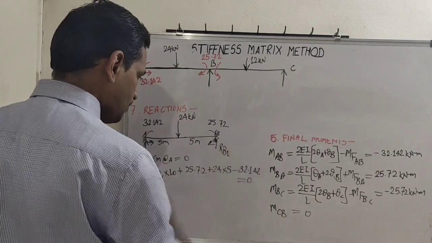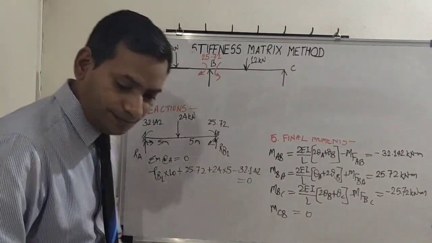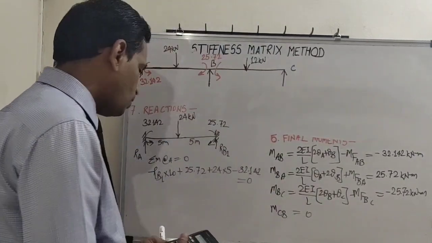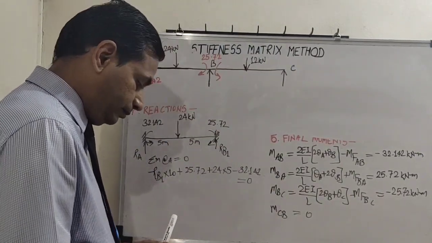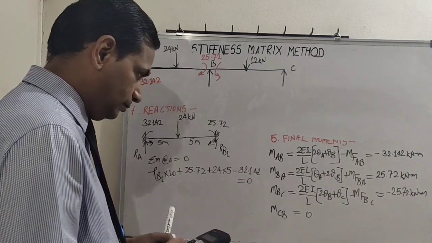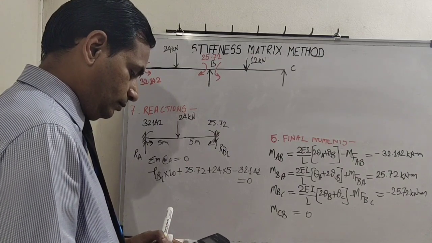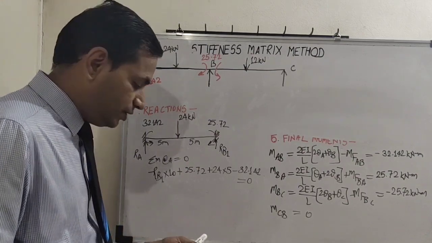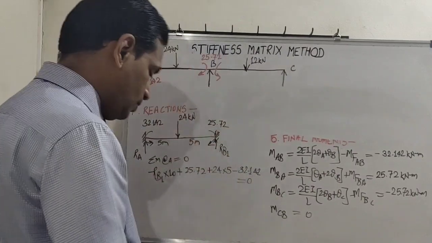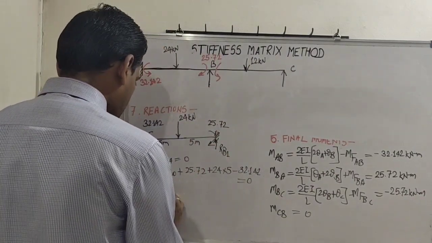It is equal to 0. So simplify this equation, you will get RB1. So let us solve. So the answer is 11.36. So RB1 is 11.36.